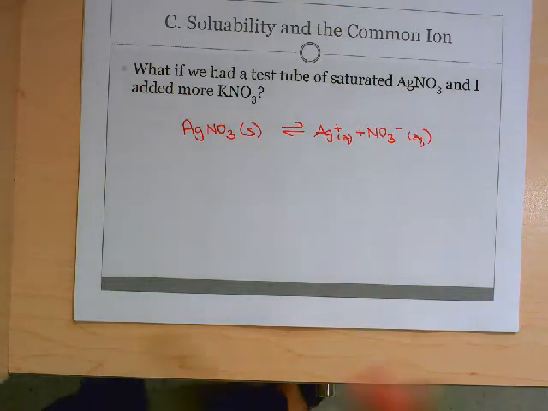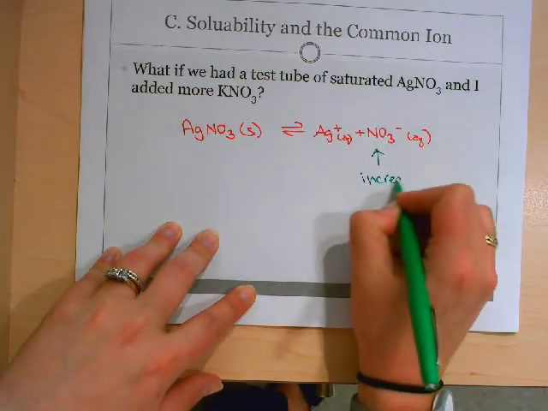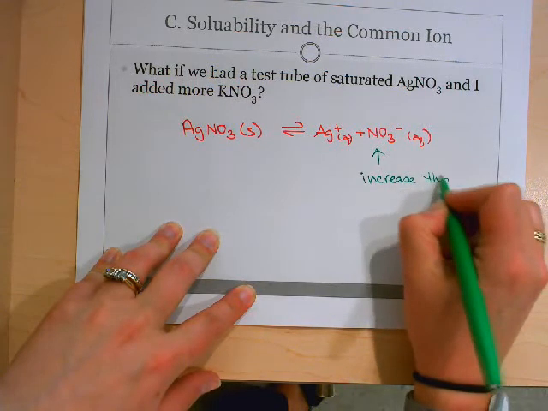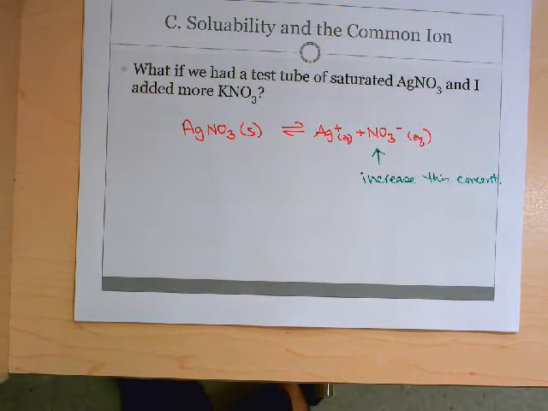If I add more potassium nitrate, what concentration is it going to increase? Right? This is going to cause an increase in this concentration. So what will happen to my reaction?